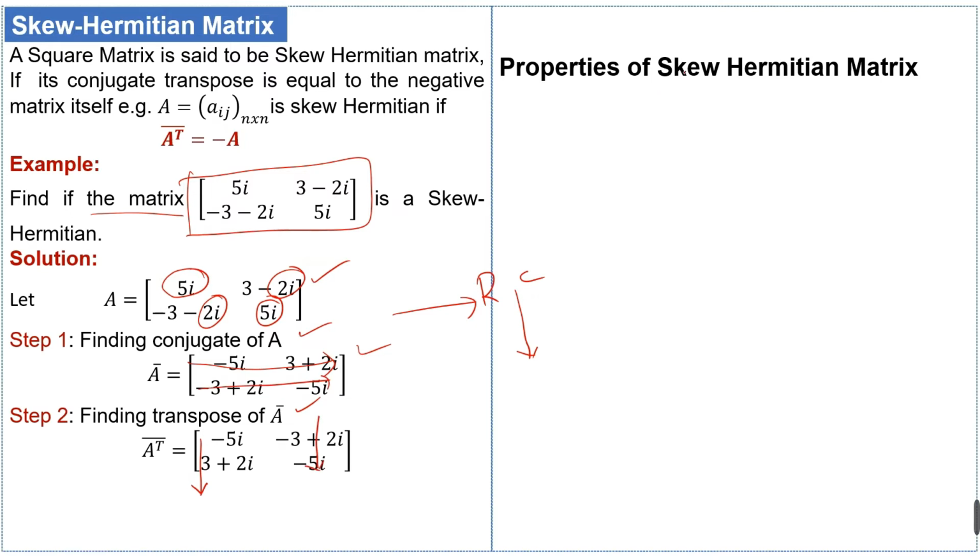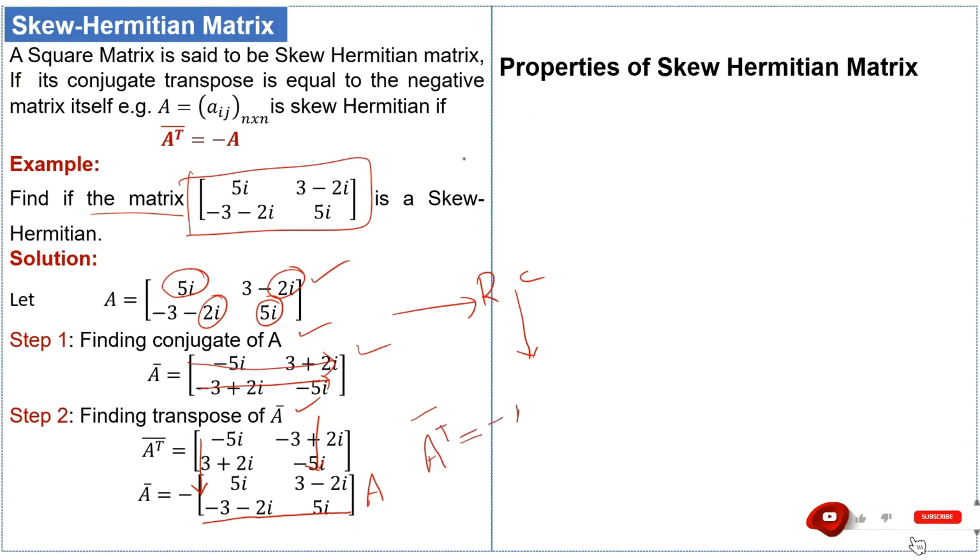Now we will take this negative sign common, and after taking it common we can see that this is the given matrix A. So the conjugate transpose of the given matrix is equal to the negative of the matrix. This implies that the given matrix is the skew Hermitian matrix.